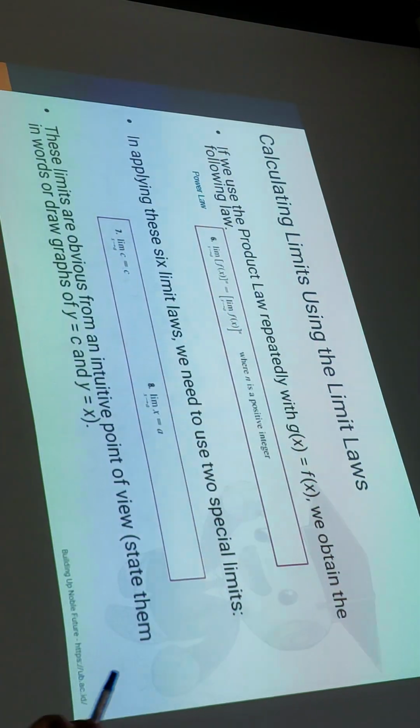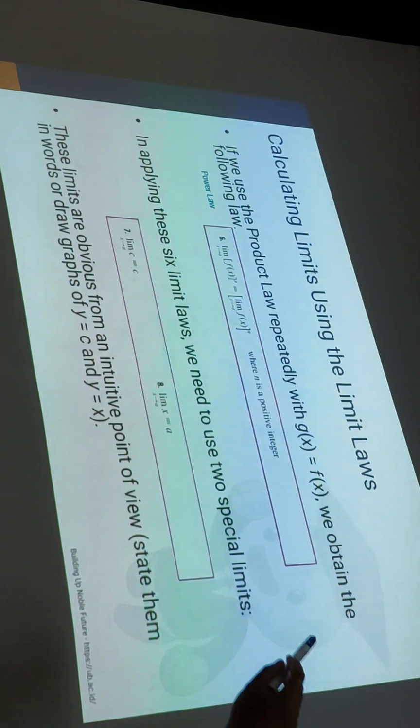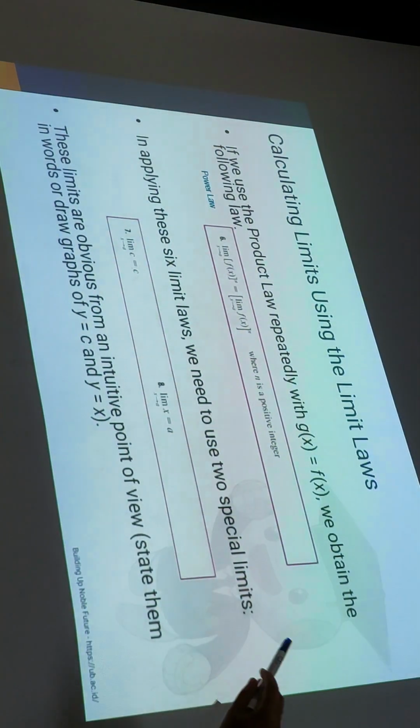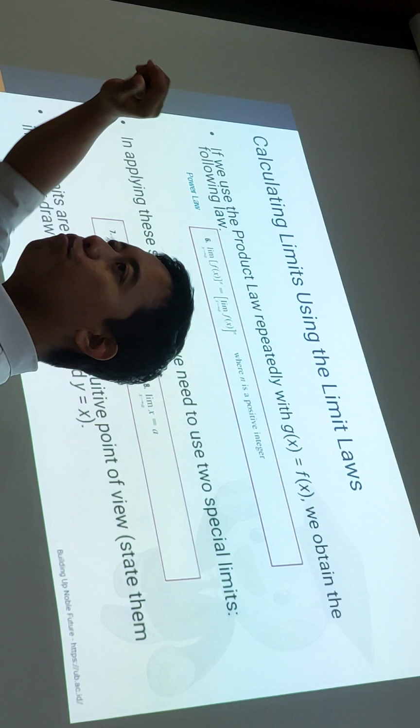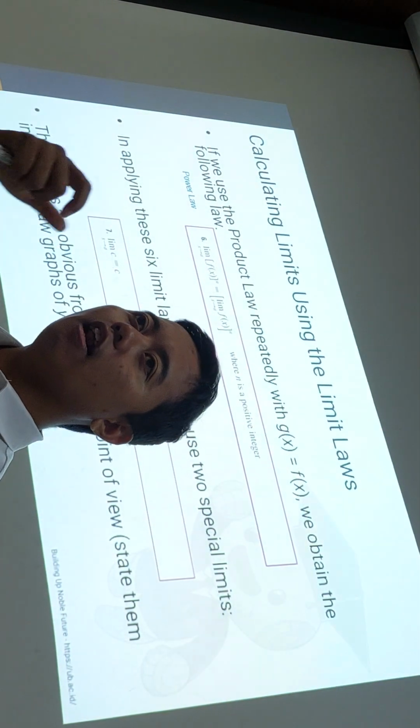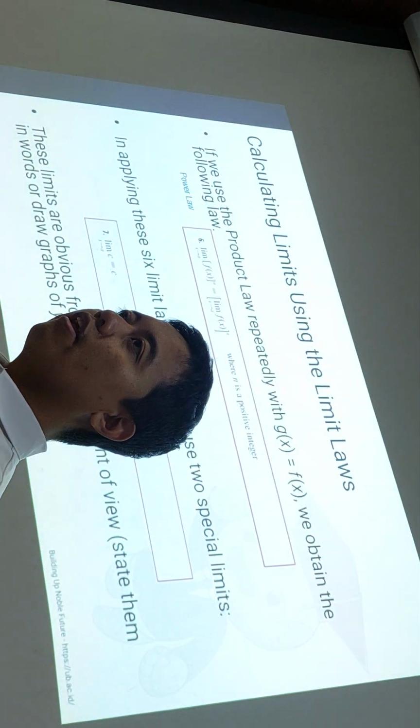So next, if we use the product law repeatedly with g(x) equal to f(x), we obtain the following law. So we have the power law, law 6, in this limit.